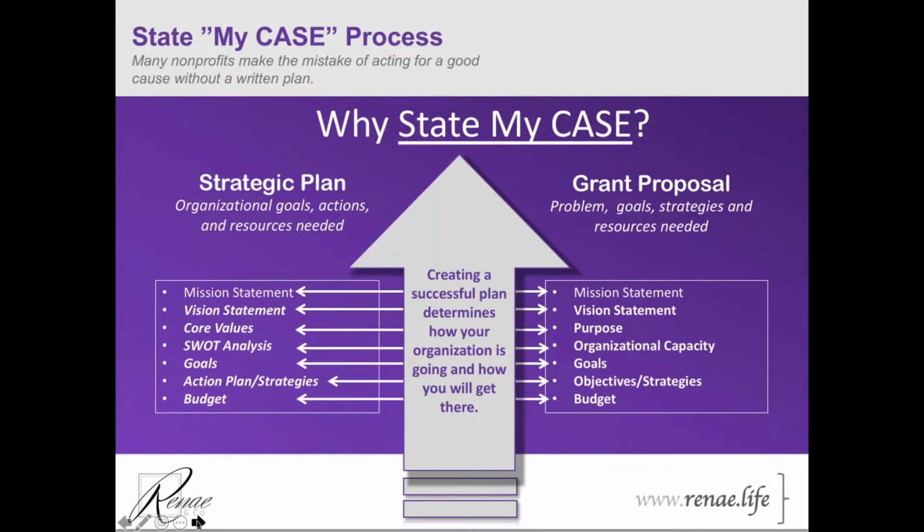So, what I do and all of the consultants that work with me, we have created the State My Case process, and that is a strategic plan outline that mimics the grant proposal. So not only will you be using this proposal to secure funding, but you will also use this proposal to guide your organization.